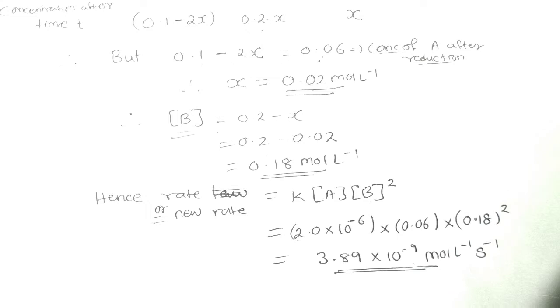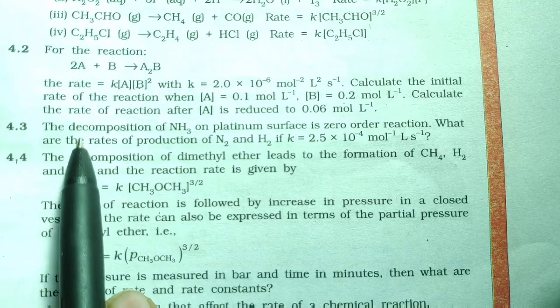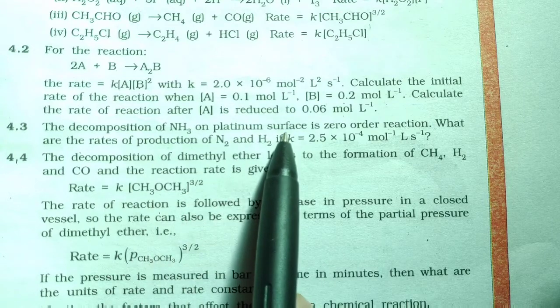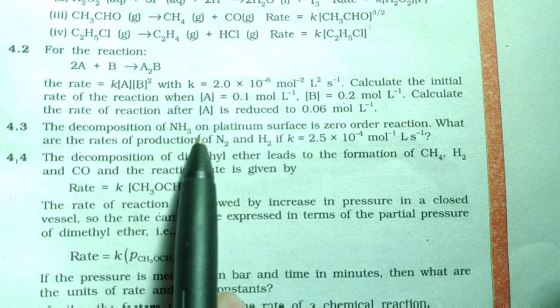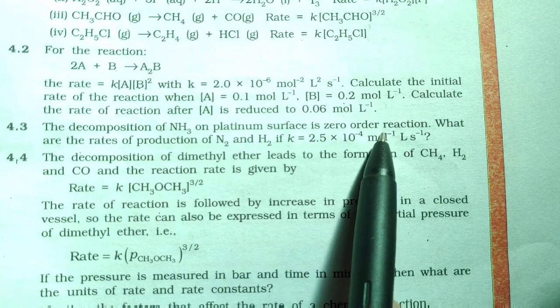Okay, now the next question is 4.3. The decomposition of NH3 on a platinum surface is a zero order reaction. So the order of reaction is given.